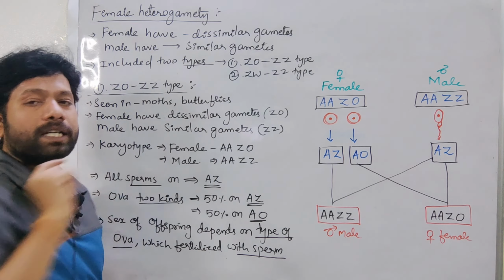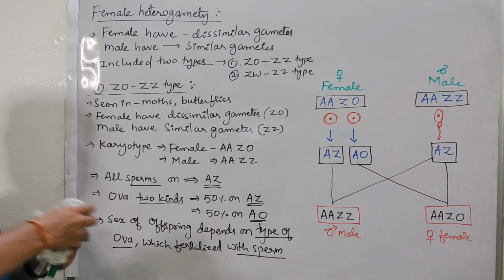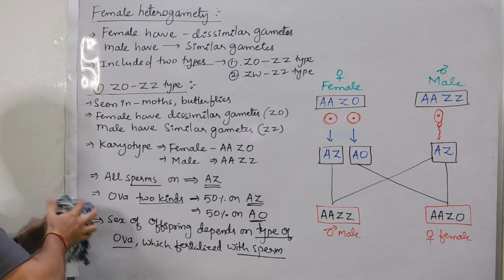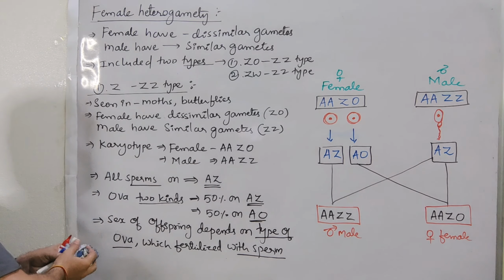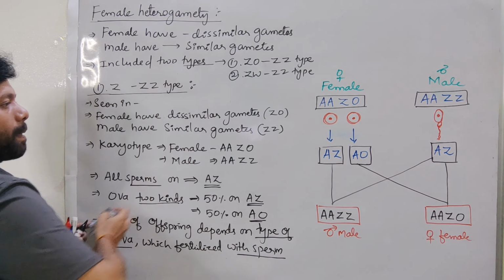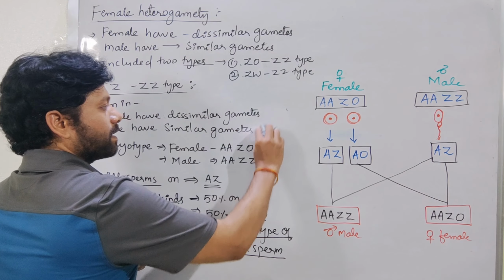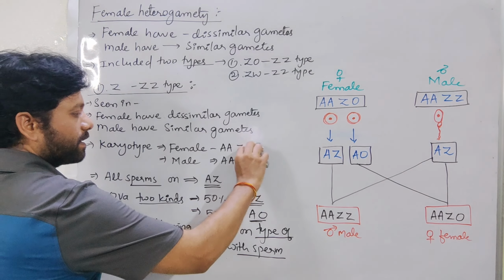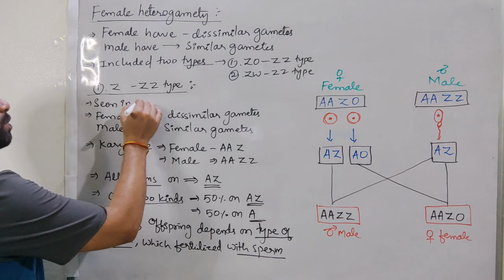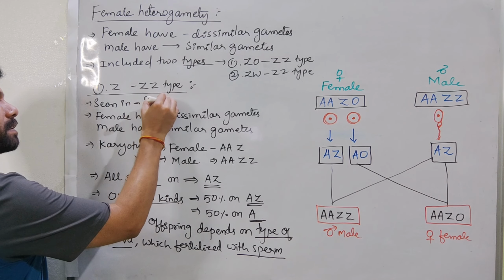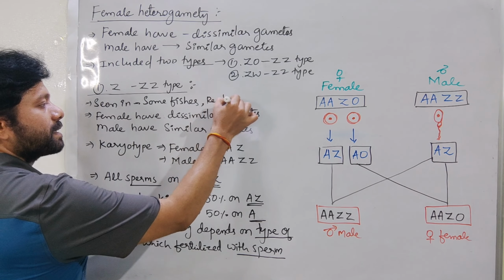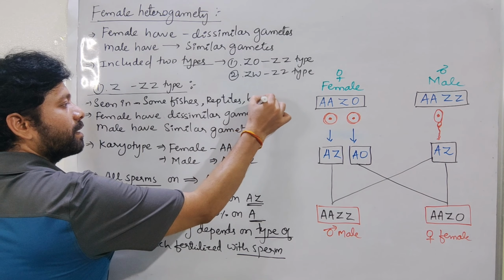Next type: ZW-ZZ type. Just similar changes here. It is seen in some fishes, reptiles, and birds.